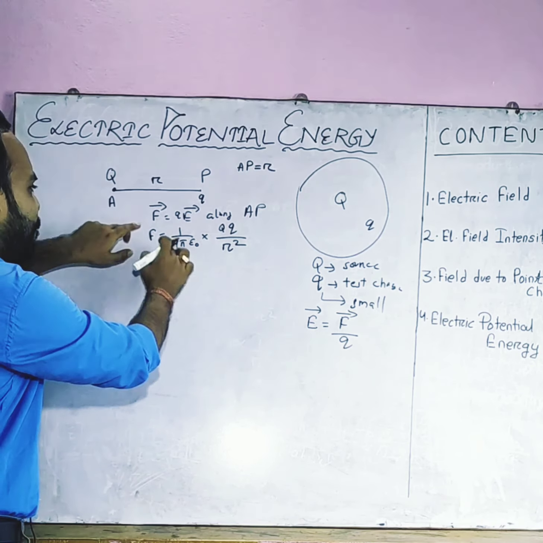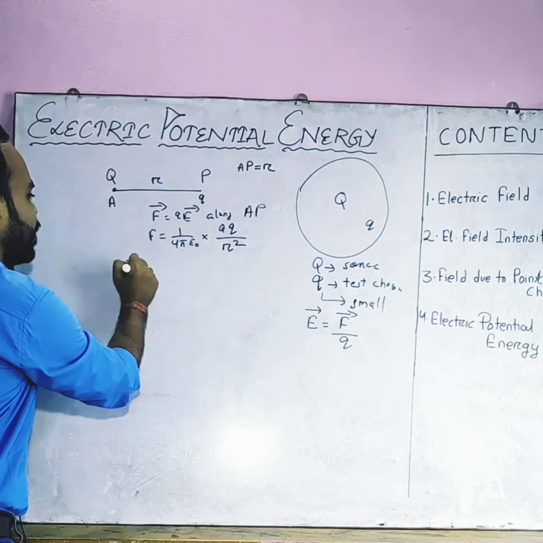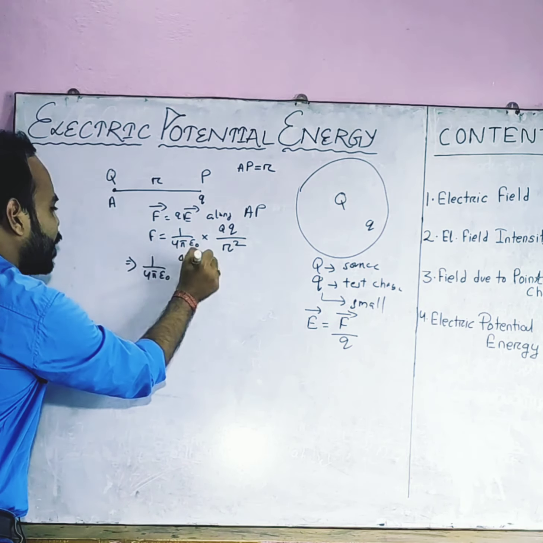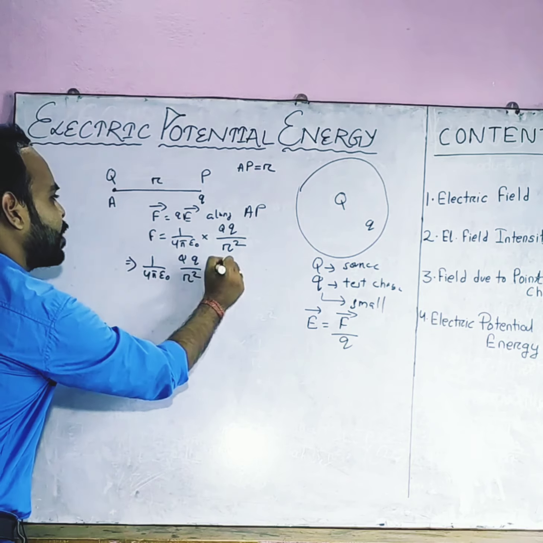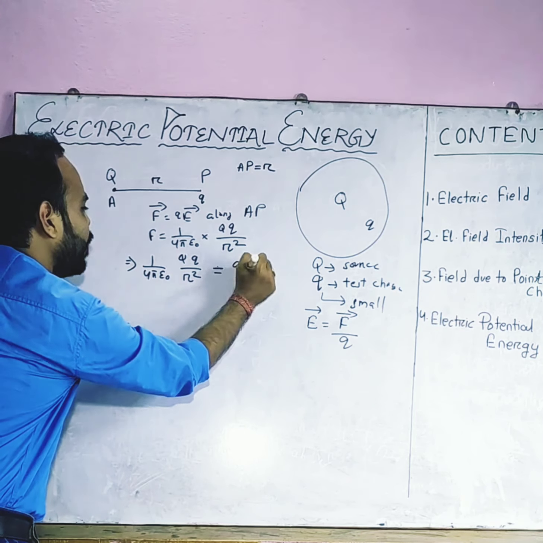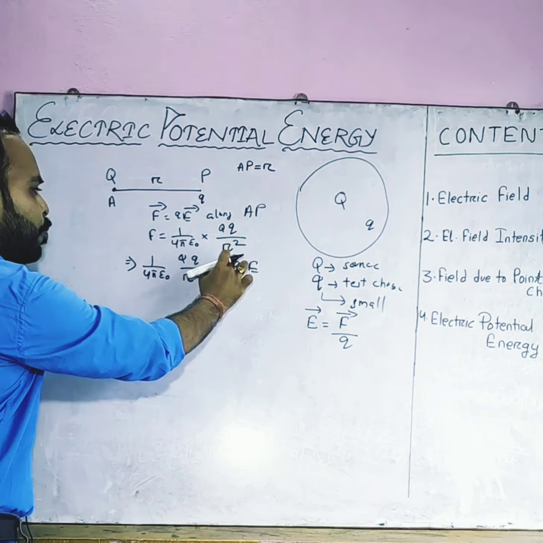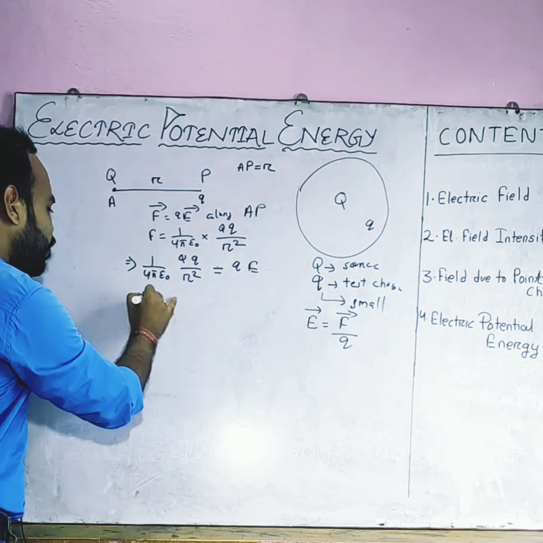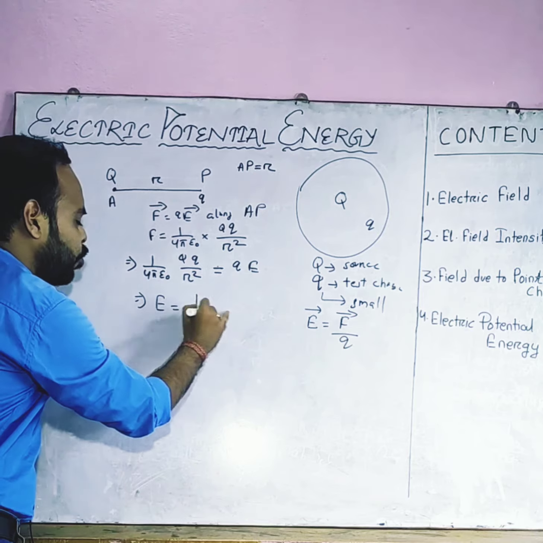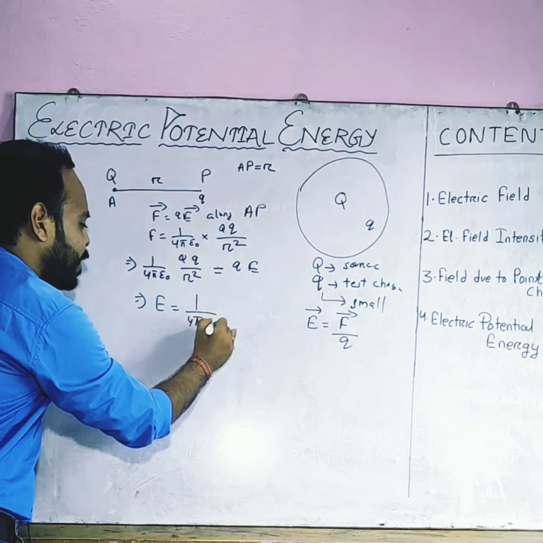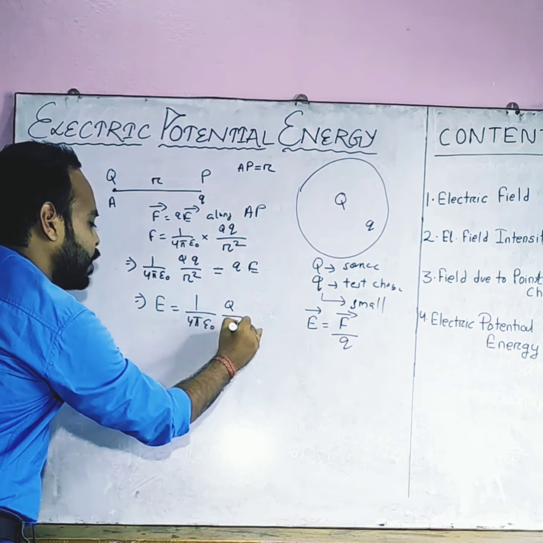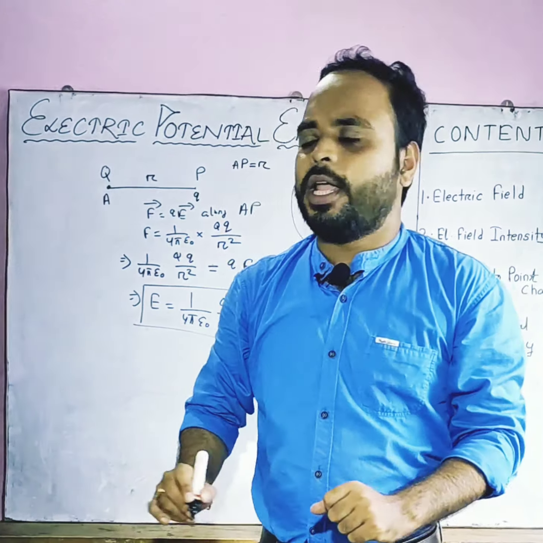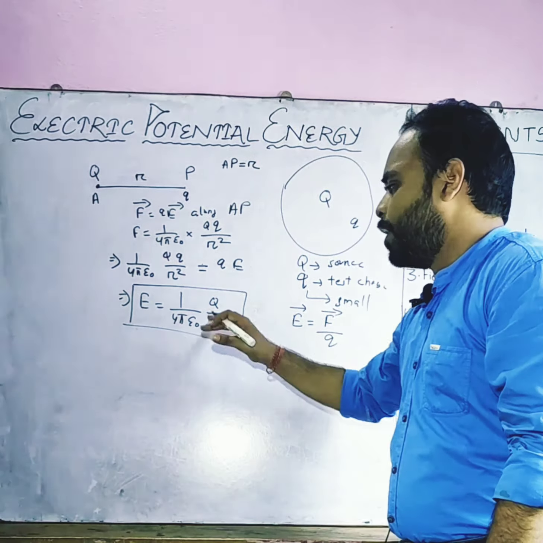So if we apply this equation, we get 1 by 4 pi epsilon 0 capital Q into small q divided by r square equals q into E. Now small q on both sides will cancel, and we get E equals 1 by 4 pi epsilon 0 capital Q divided by r square. This is the expression for electric field intensity due to a point charge.